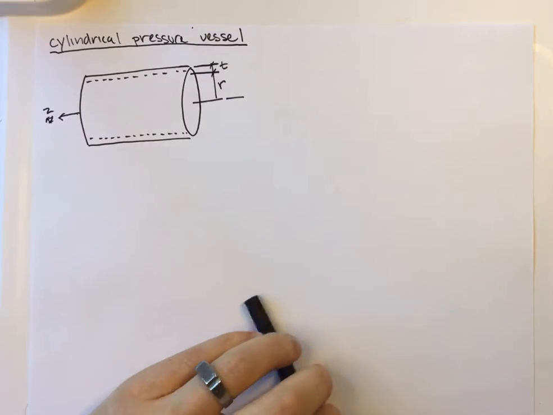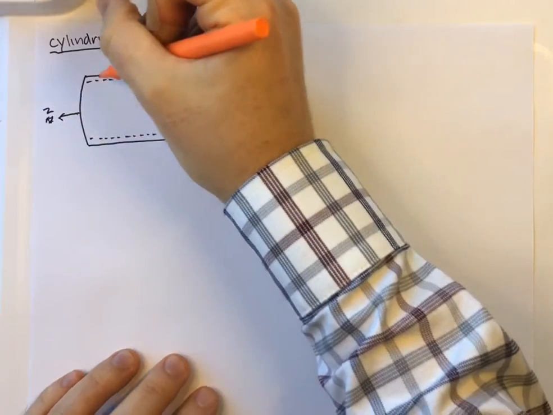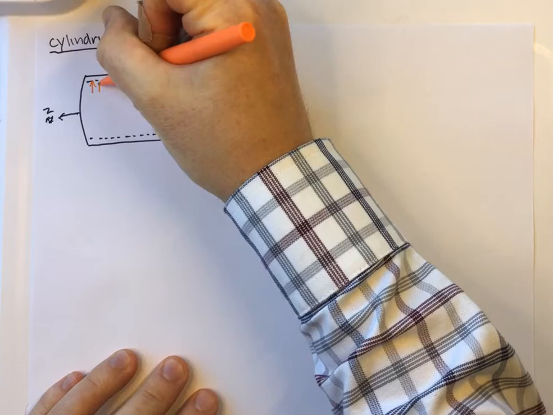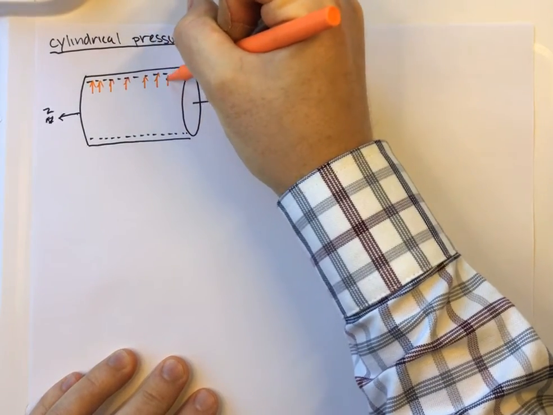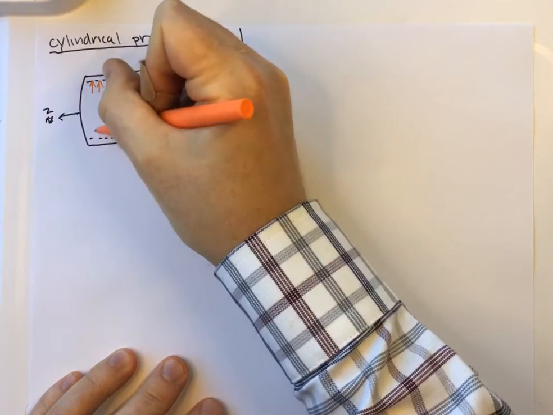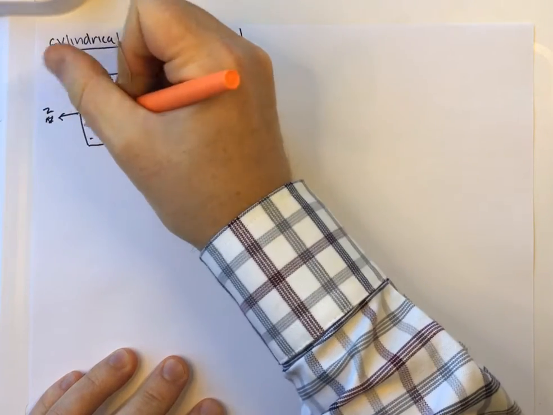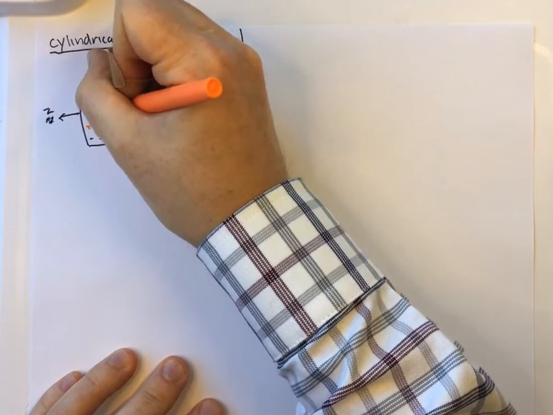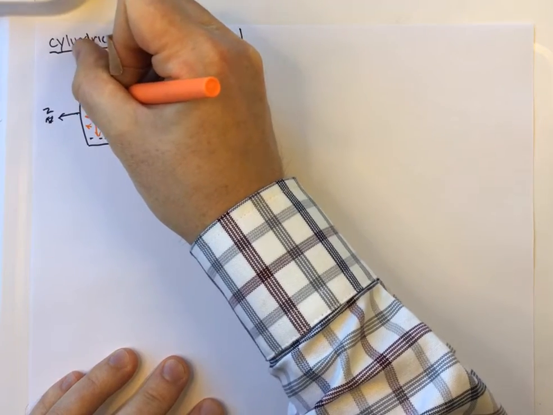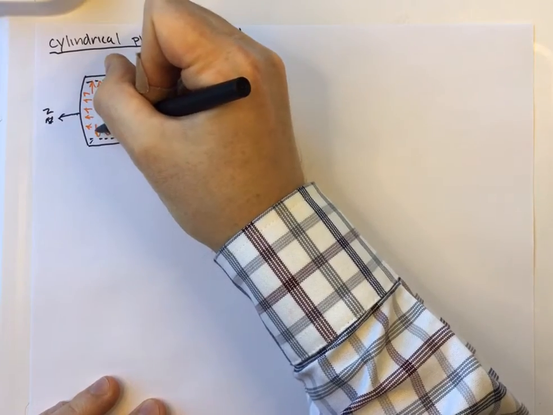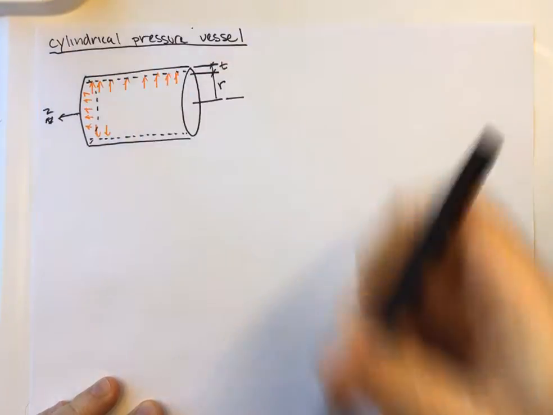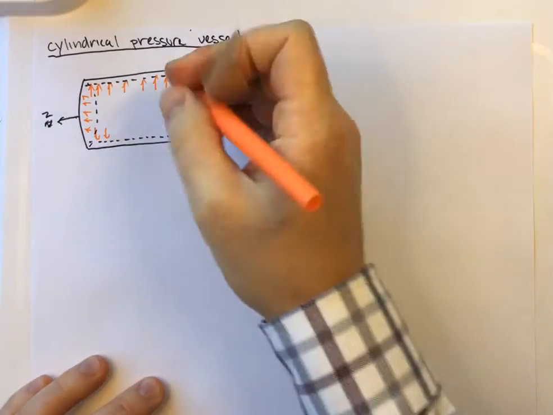Inside our cylinder, we have some pressure, and that's exerting a force on the inside of our pressure vessel. It's also going to have some pressure on the faces. I should maybe give this a little bit of a 3D aspect.